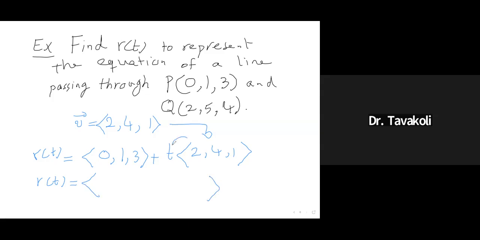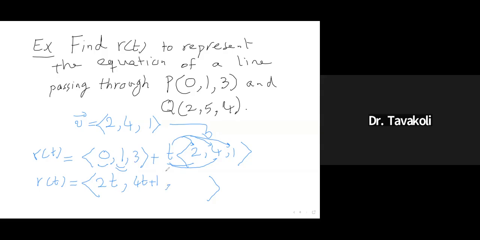So this t is multiplied by all of these 3 coordinates. So this is 0 plus 2t, just 2t. 1 plus 4t, or 4t plus 1, same thing.